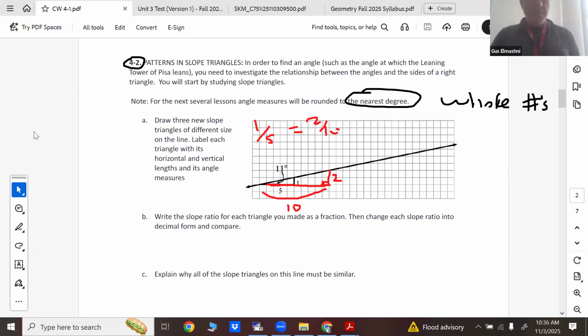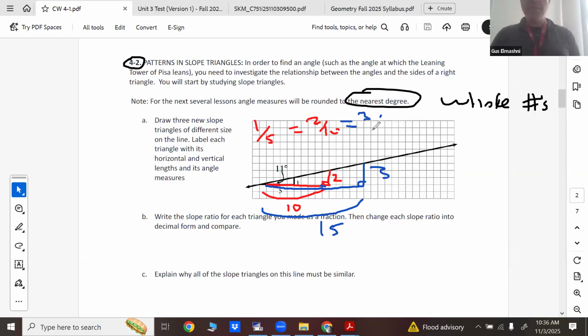Let's draw another one. Let's go blue. Okay, let's look at blue. How far am I going right at the blue? How far up? Perfect.